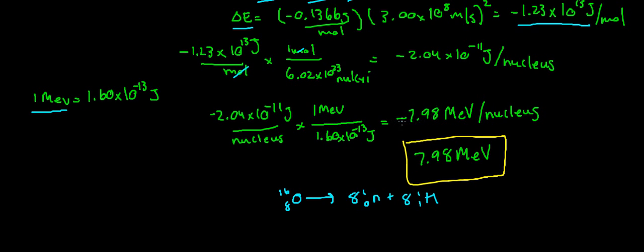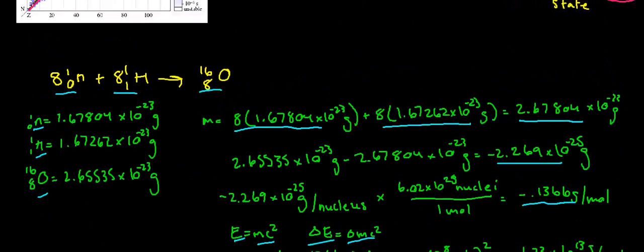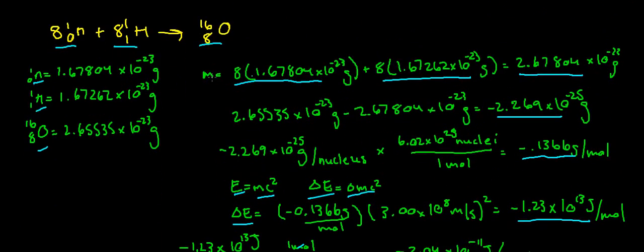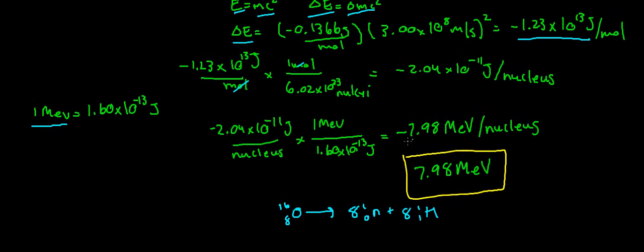This is equal to minus 7.98 MeV per nucleus. And this is the energy change associated with the formation. Nuclear binding energy is concerned with breaking it apart. So all we really need to do is flip this equation around, and we'll have nuclear binding energy. So this will change from a negative to a positive, and that is what this is right here.